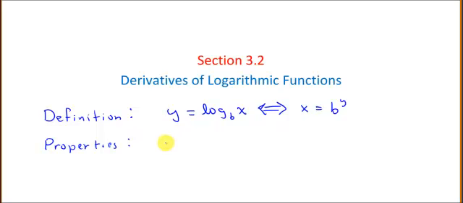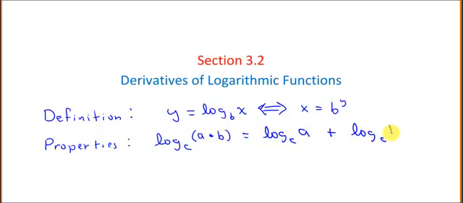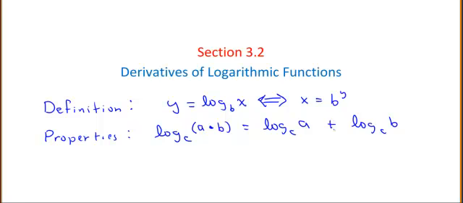And so remember the statement that the log base c of a times b is the log base c of a plus the log base c of b. So we had that property, and basically the property says that logs change multiplication to addition, harder operations to easier.